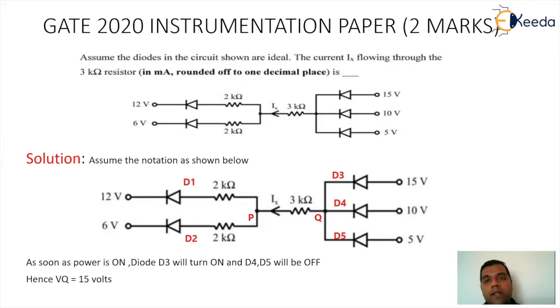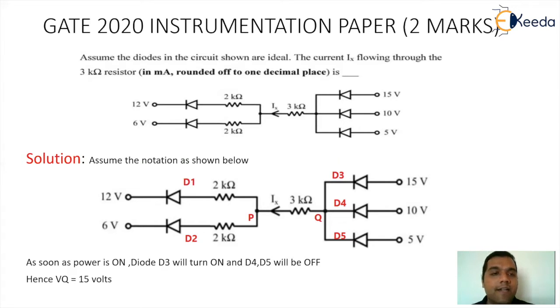GATE 2020 instrumentation paper. So this question is for 2 marks. It's an interesting question. The question says, assume the diodes in the circuitry shown are ideal. The current Ix flowing through the 3 kilo ohm resistor in milliampere, rounded off to 1 decimal place, is.